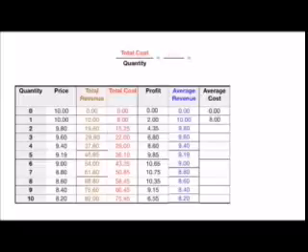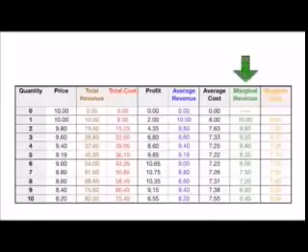Now I have a total cost of 15.25, divided by 2, which is equal to 7.63. I'll just fill in the rest of the values now.